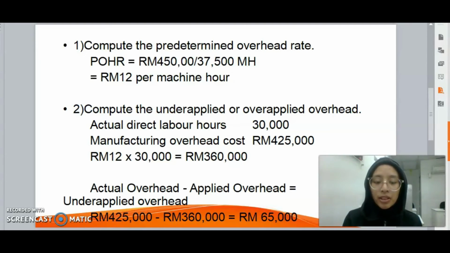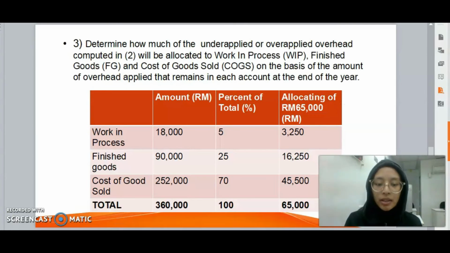And the third question is to determine how much the overhead cost for each item, which is already given in the question. To get the percent of total for each item, we take 80,000 divided by 360,000.